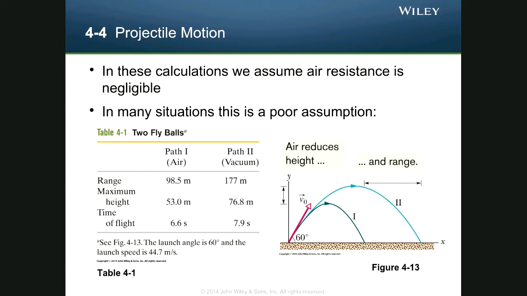In the calculations, we assume air resistance is negligible. This can be a not bad calculation, but sometimes it can be a poor approximation, and often the longer a problem goes, the poorer it gets. So without air resistance, which is what we'll mostly do, you'll get this nice long range. But you'll notice that air resistance will reduce both the height and the range. Now, it's not hard to get a modified equation to include air resistance, but it requires Chapter 5 and Chapter 6 knowledge, really.